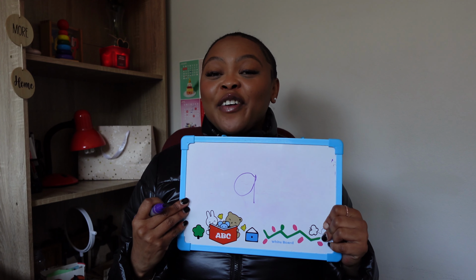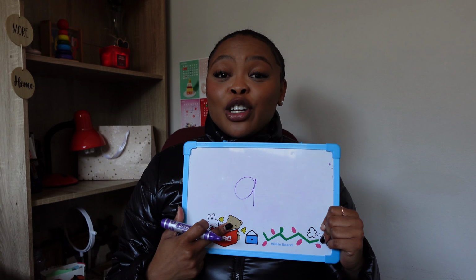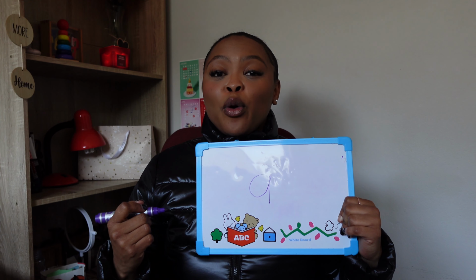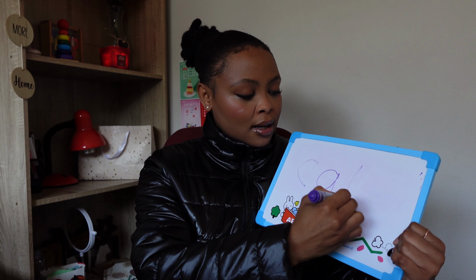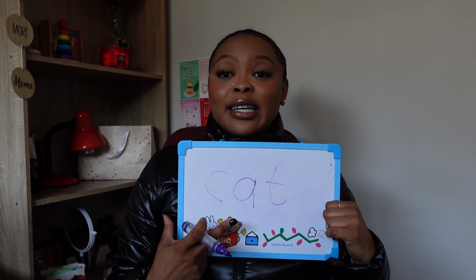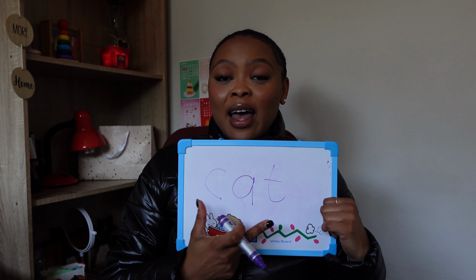Okay, so let's take for example another word that we can use with this schwa sound, and this schwa sound is also an article, the same as the word the. So let's take for example the word cat. So now that schwa sound is no longer making its sound because now it's in an actual word. So this word is cat.